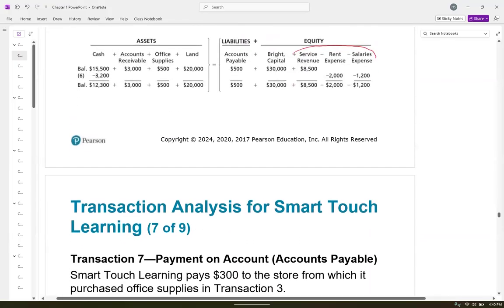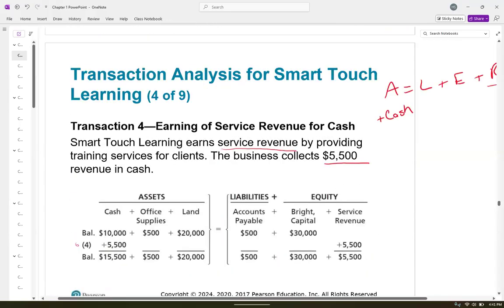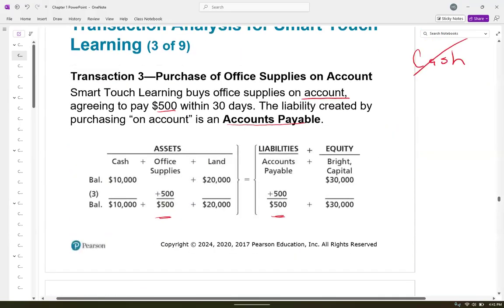Okay. All right. So transaction 7, we have payment on the accounts payable. Smart Touch pays $300 to the store from which it purchased office supplies in transaction 3. Let's go back to transaction 3 really quick. Okay.